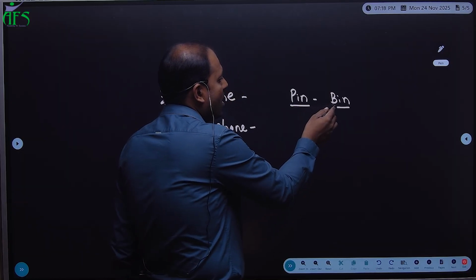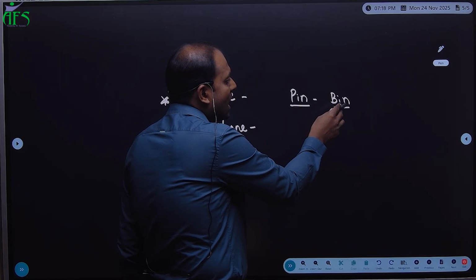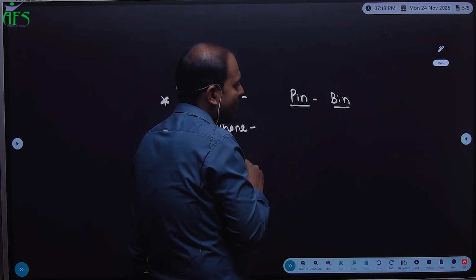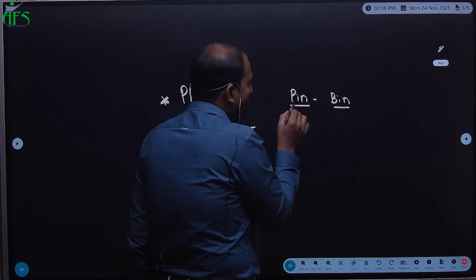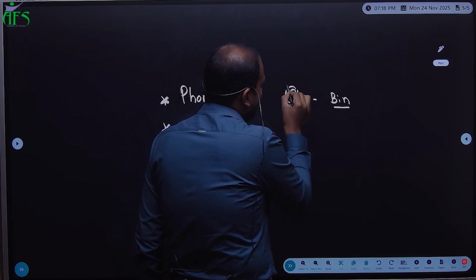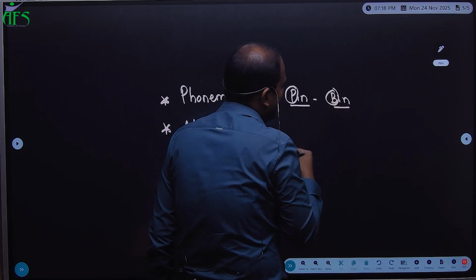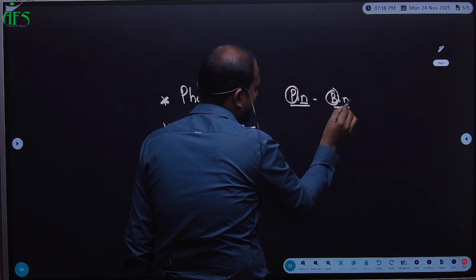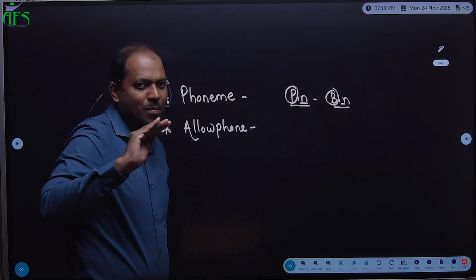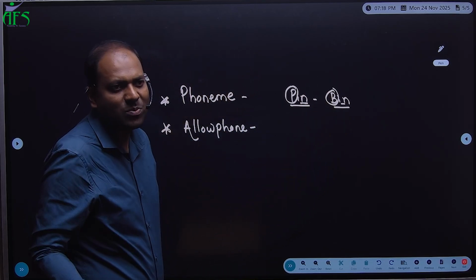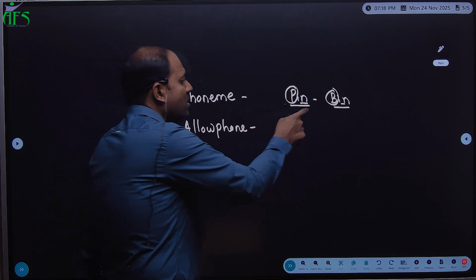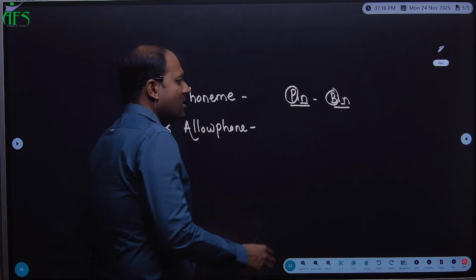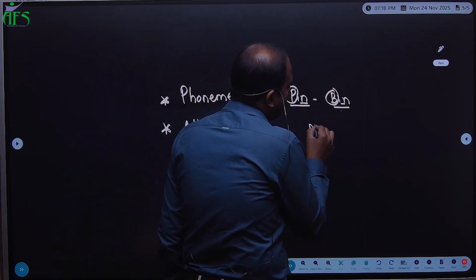In the same way, B, E and N. If you observe them carefully, in both the words only one sound is different. Otherwise, the rest of the word remains the same. P has been replaced by B in the second word, right? So that is called a minimal pair.